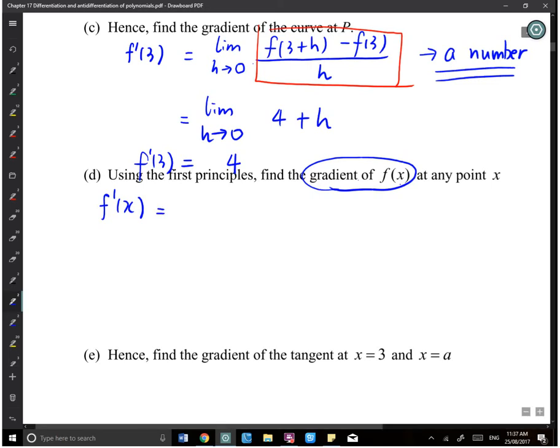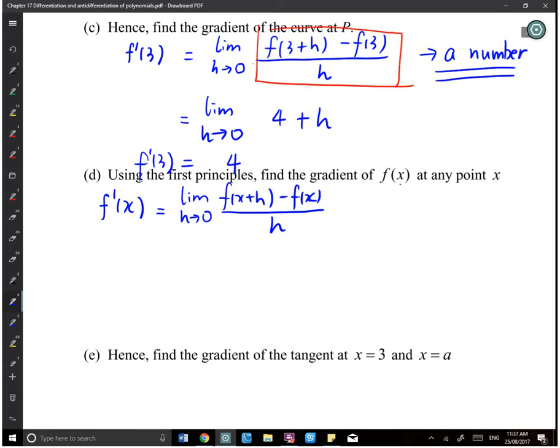So when you see the words first principle, without thinking, what you write is this. You must remember that. The first line is exactly this, and it doesn't matter what function you have. The first line is always the limit as h approaches 0 of f(x plus h) minus f(x) divided by h. That's 1 mark. So that is first principle, and then according to the f you have, you substitute that in.